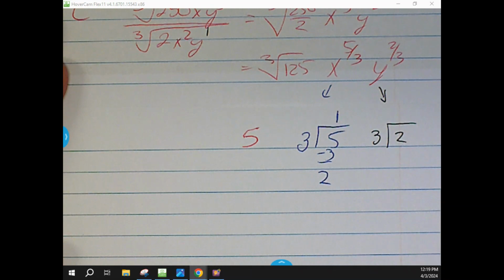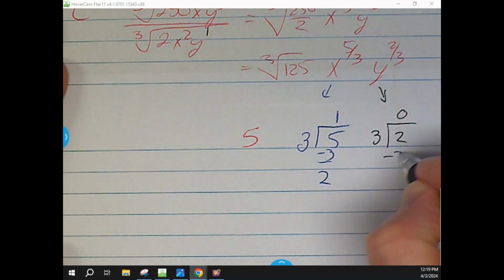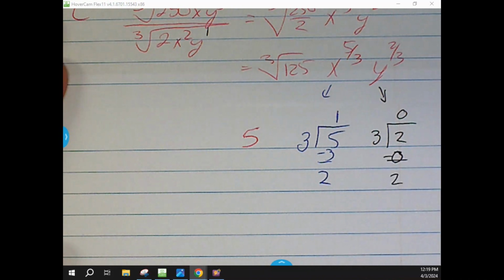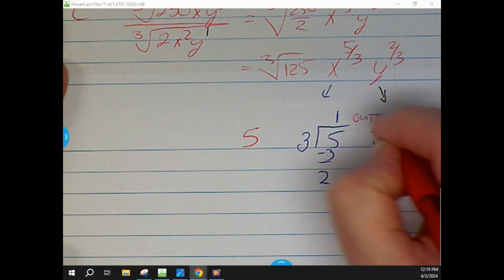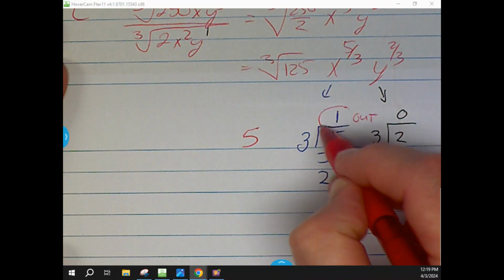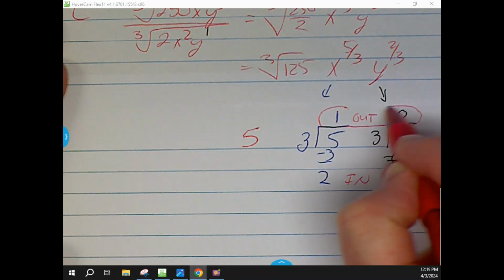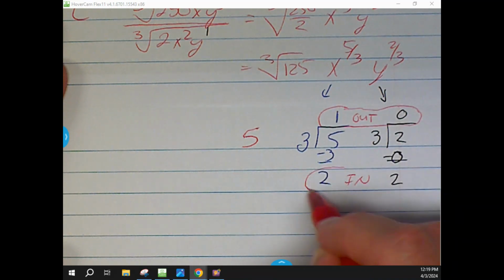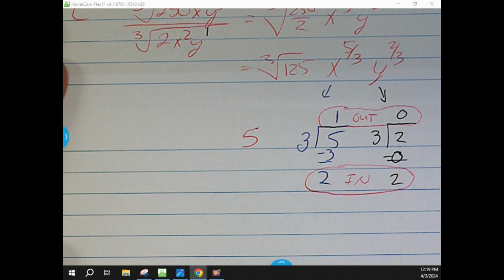There's not a number bigger on top, so it won't go. So that means nothing gets out. So we've still got 2 left over on the inside. So again, this is how many variables get out on top. And this is how many variables are left over on the inside when we get finished.